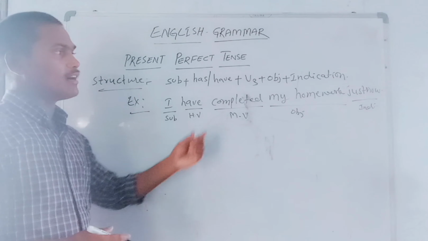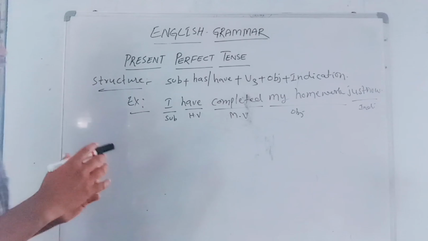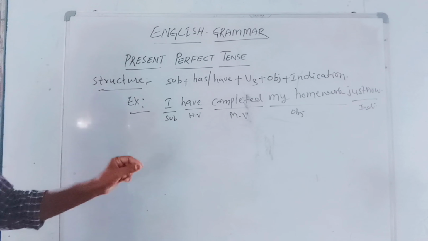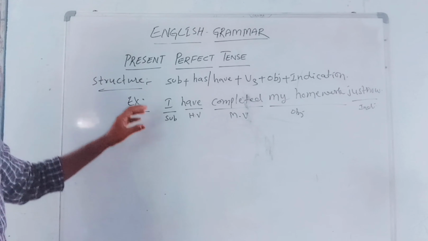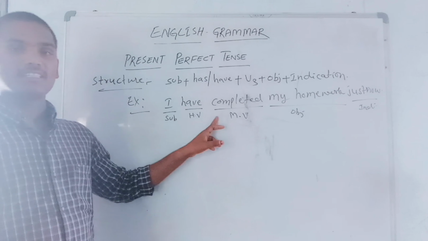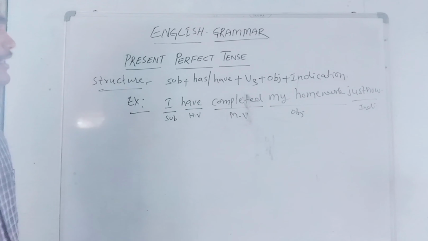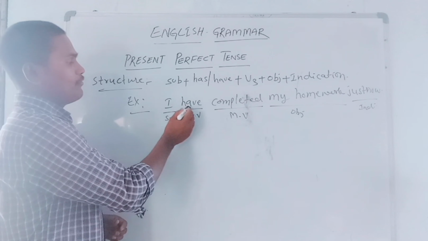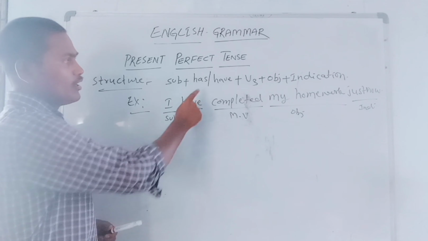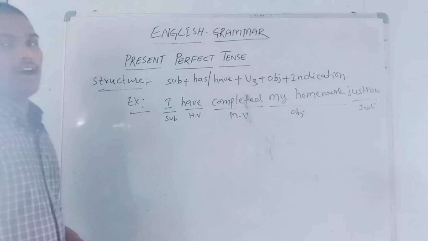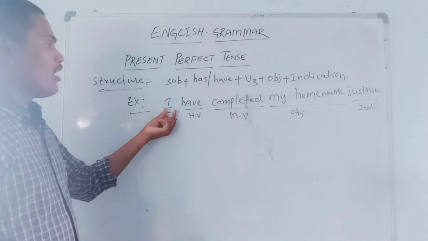The words just now refer to the whole sentence: the action completed recently. Through the words just now, we can definitely get an idea about the verb in this sentence. The action is completed recently. See, after I we used a helping verb. Basically in the structure we discussed two helping verbs: one is has, another is have. But why did we write have in this example after I?